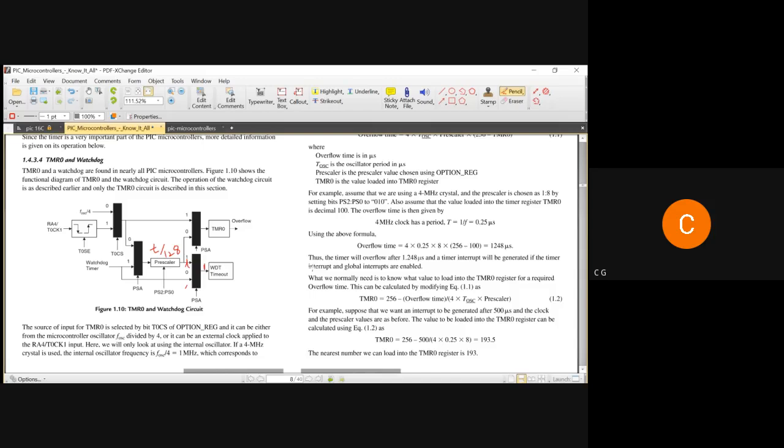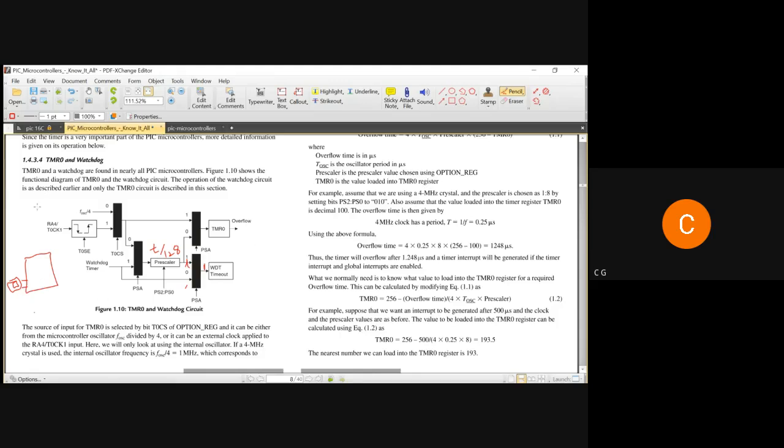For us, a black box like this has two pins, and we have something called an oscillator, and from that it goes inside. What happens inside is this.